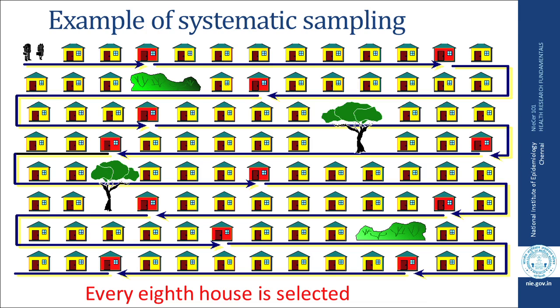An example of systematic sampling: you see in the first, the red house is selected, and then every 8th house from that is selected, and all the red houses are your selected samples.